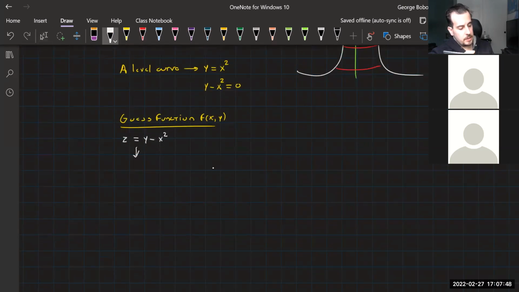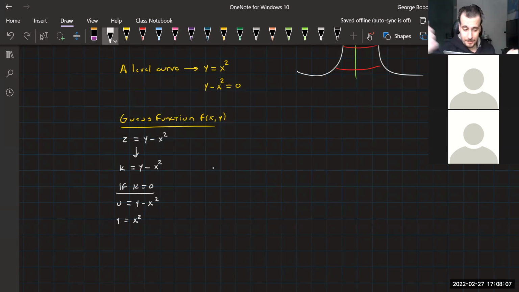Because when you do its level curves, you get this. And if k is equal to 0, what do you get? You get 0 is equal to y minus x squared, and then y is equal to x squared. Yay. You see?